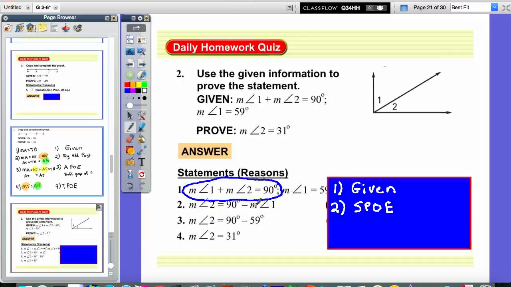Then they are taking the measure of angle 1, and since the measure of angle 1 is 59 degrees, they are taking out the measure of angle 1 and putting in the 59 degrees. That is substitution. And for number 4, you could say simplifying, or combining like terms, because the 90 and the minus 59 are like terms. Now you're combining them.